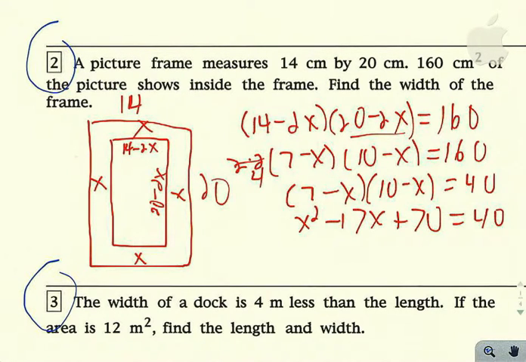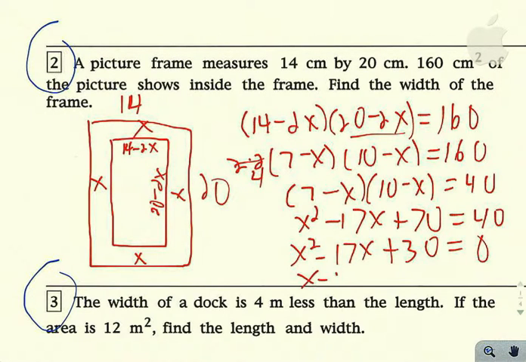And subtract 40, you'd have x squared minus 17x plus 30 equals 0. Well, what two numbers multiply out to 30 and add up to negative 17?